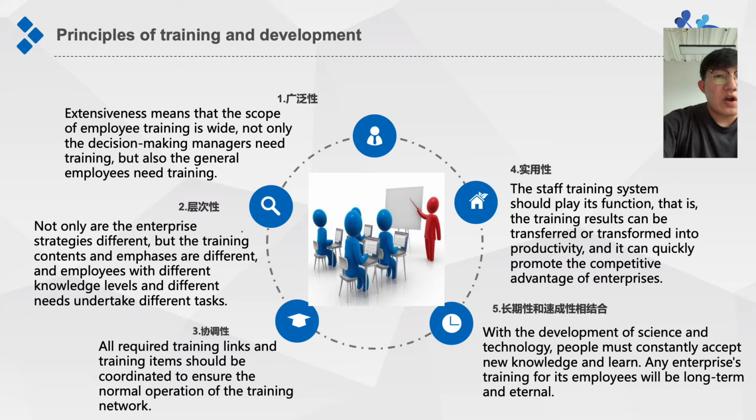And third, all require a training link, and the training items should be coordinated to ensure the normal operation of the training network. And the fourth is usefulness, because the staff training system should play a function, that is, the training result can be transferred or transformed into productivity, and it can quickly promote the competitive advantage of enterprises.